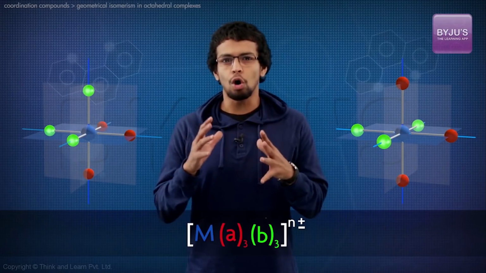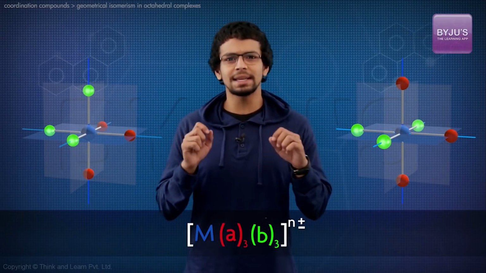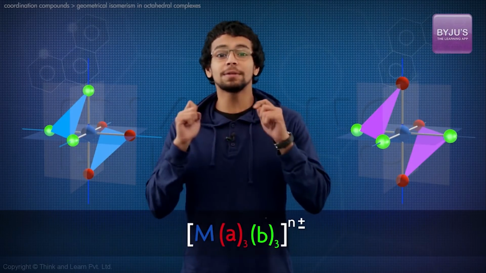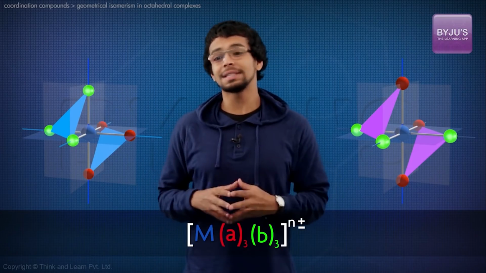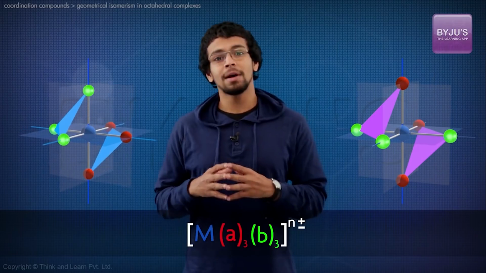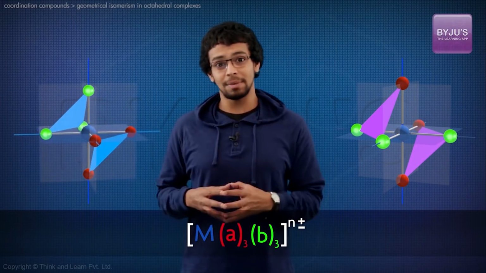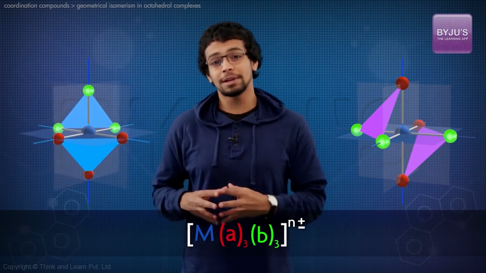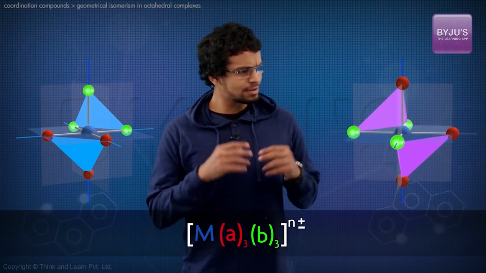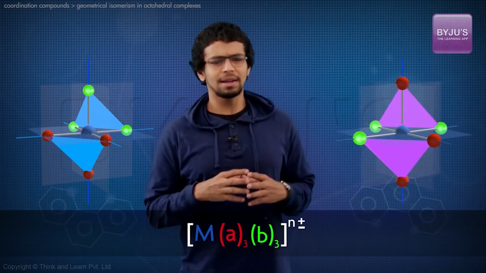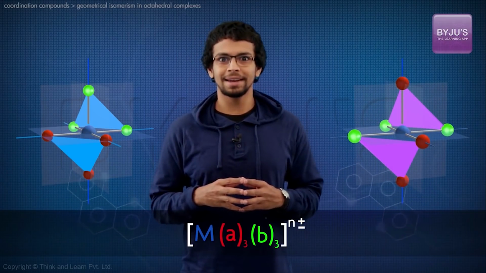Now, if I were to draw or try to visualize the octahedron's faces, just like this, we'll notice that in this case, I have all 3 ligands of the same kind occupying one single face of the octahedron. And in this case, every face has 2 of one kind and 1 of the other, right?